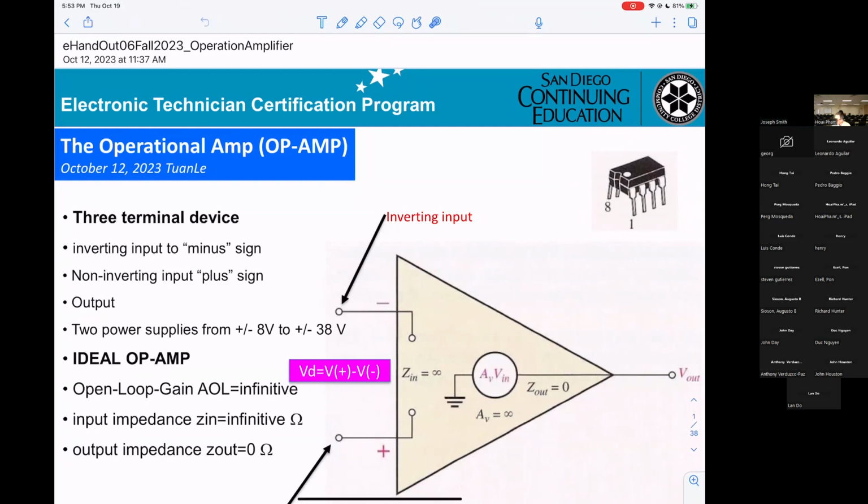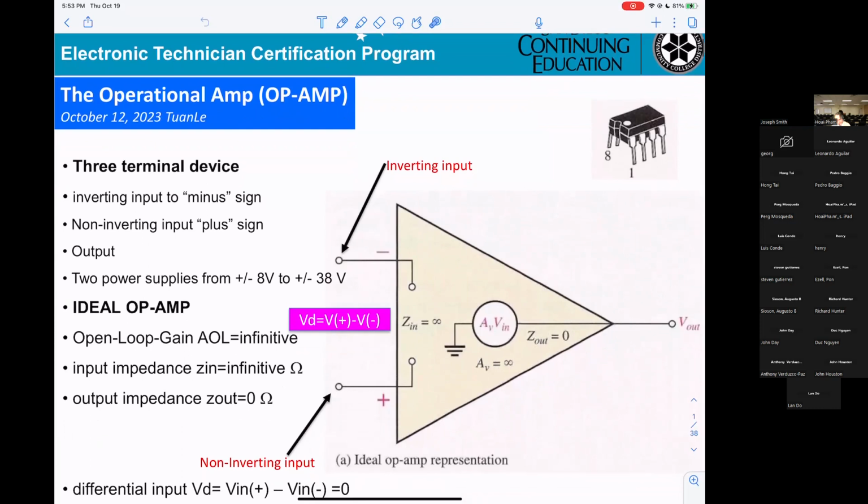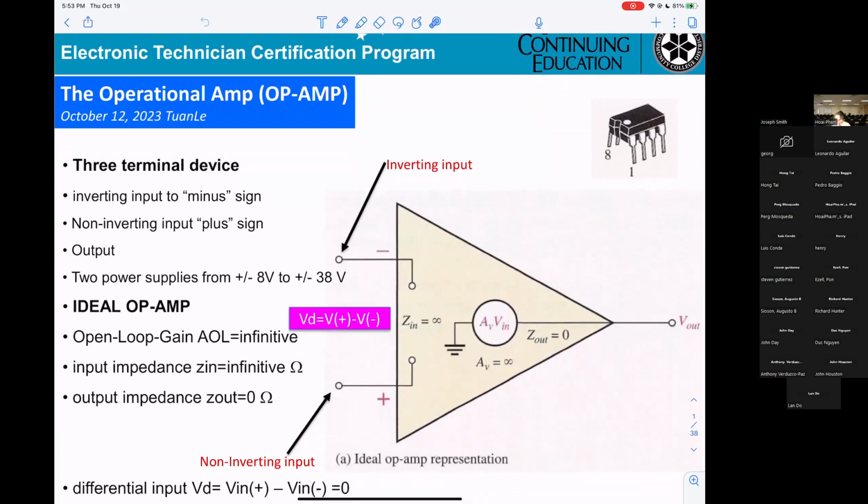Okay. Try to see what the basic definition is. A 3-terminal device. You get input negative, input positive. So this is the op-amp, operational amplifier.